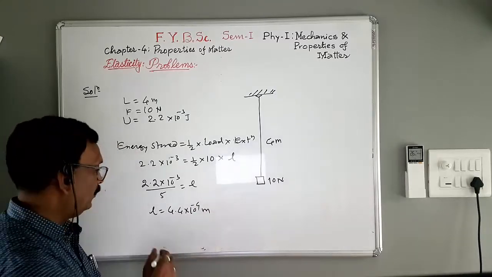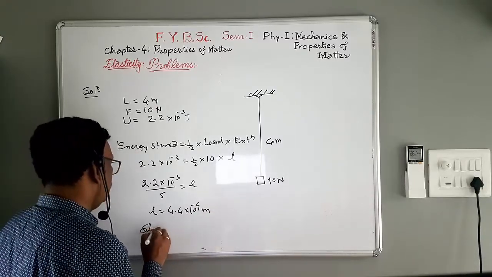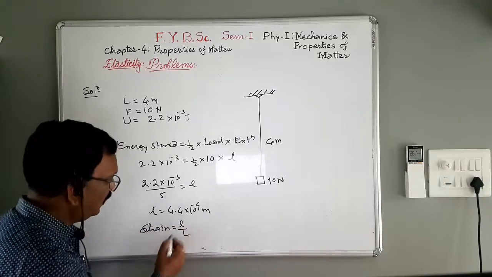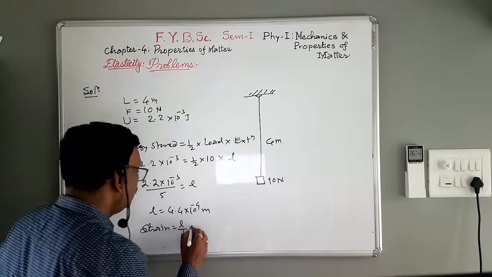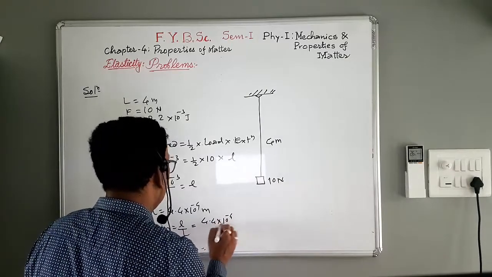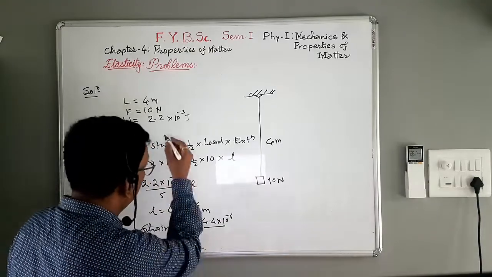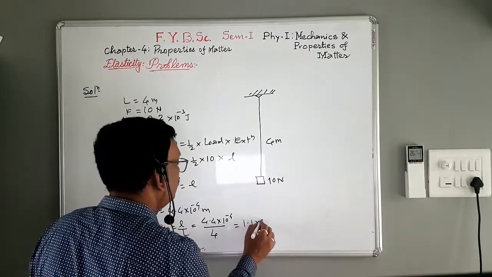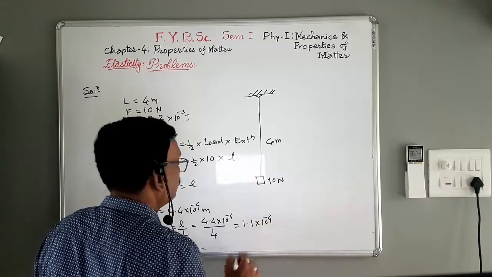And strain, we know, is equal to small l upon capital L, that is change in length divided by original length. So change in length is 4.4 into 10 raised to minus 4 and original length is 4. So we get 1.1 into 10 raised to minus 4.